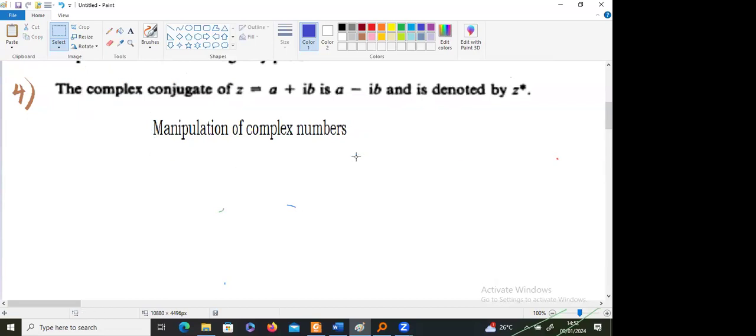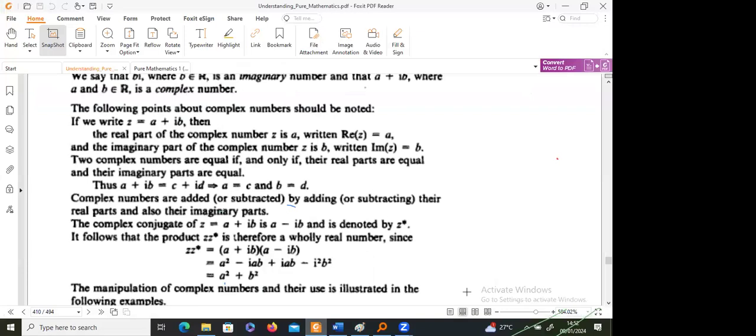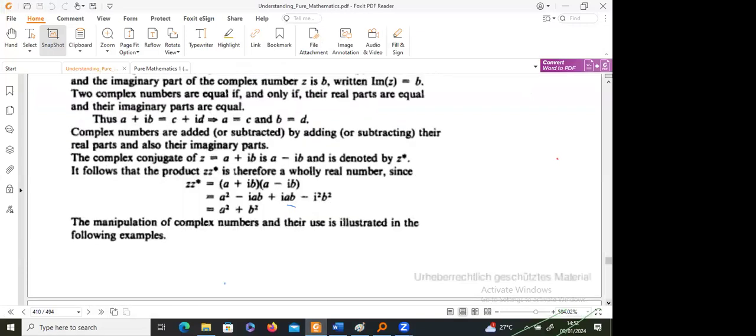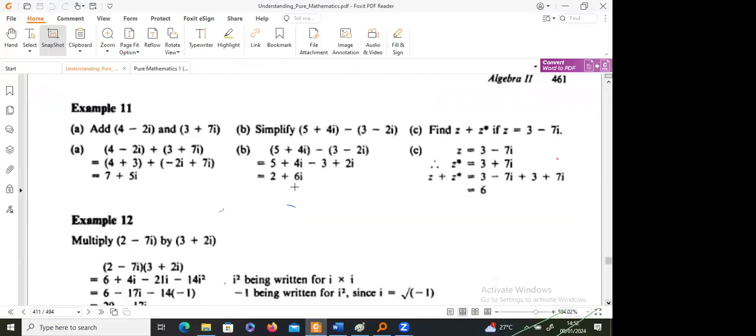Manipulation of complex numbers. I want us to use examples. Those of you who have Understanding Pure Math by Sadler, can you please open page 461? There's an example there, which is example 11 in the book.